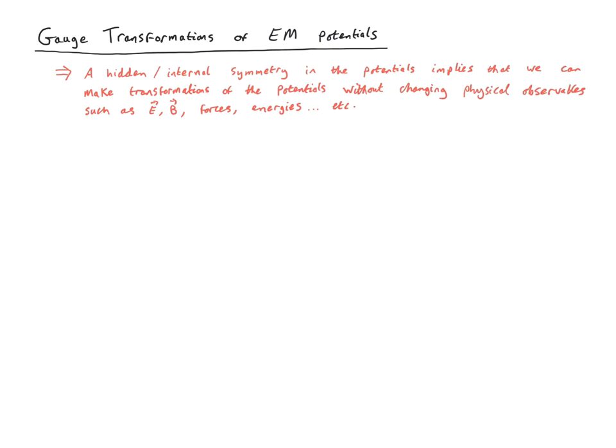For electrostatics, if we have an electrostatic potential, we know that that is defined arbitrarily up to some reference point. We can add a constant to our potential, and that doesn't change any physical property. For example, the potential difference, which is related to the energy, of course the constant cancels out.